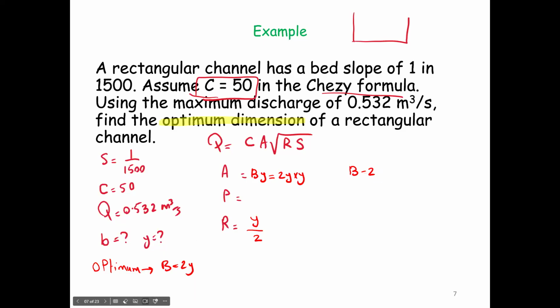And I will erase it from here. So instead of that one, I will write 2Y squared. Instead of P, which is B plus 2Y, I will replace it 2Y plus 2Y, which is 4Y. And R is already there. Or you can even calculate that. If you calculate that, it will end up here.